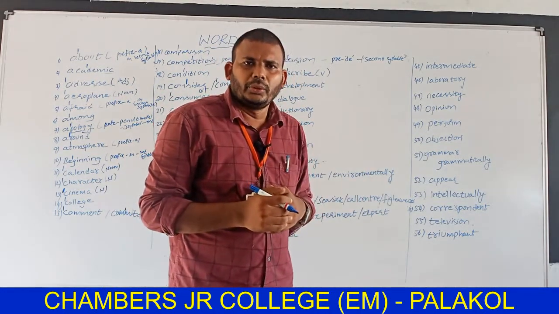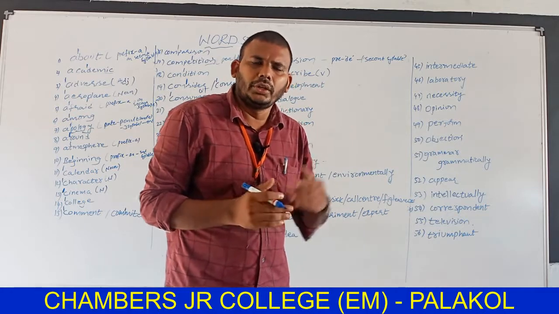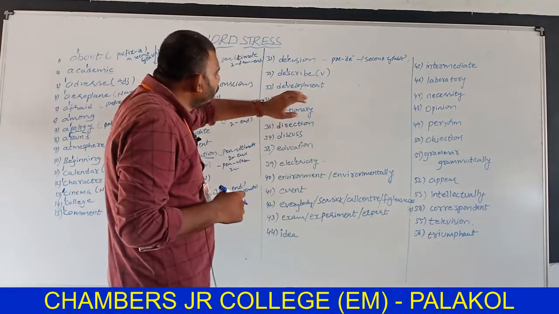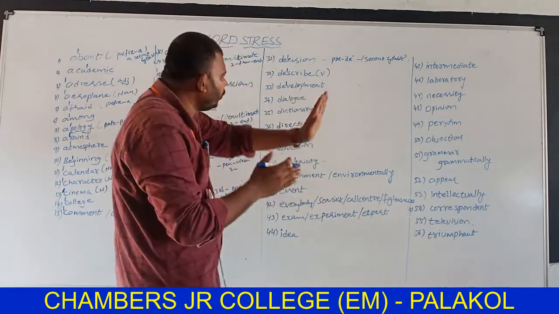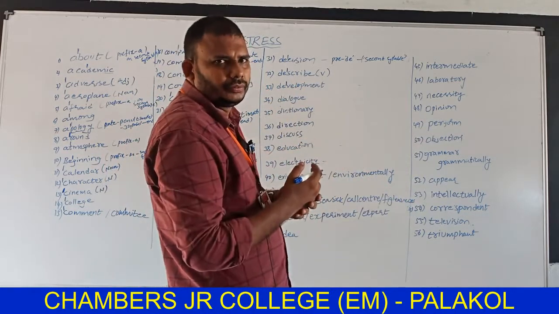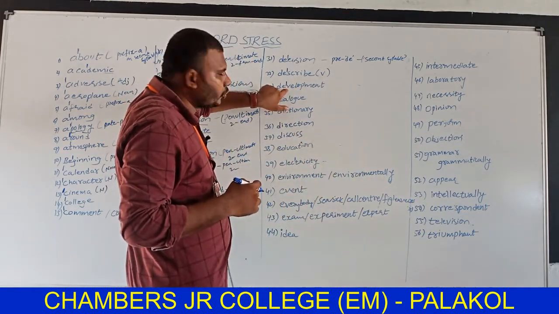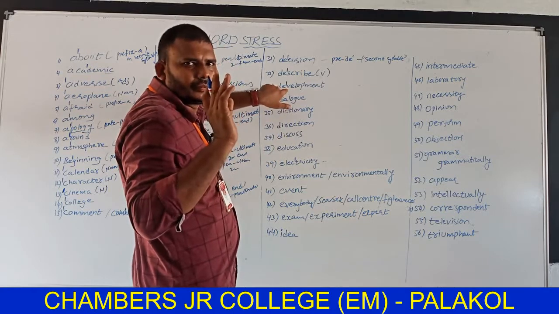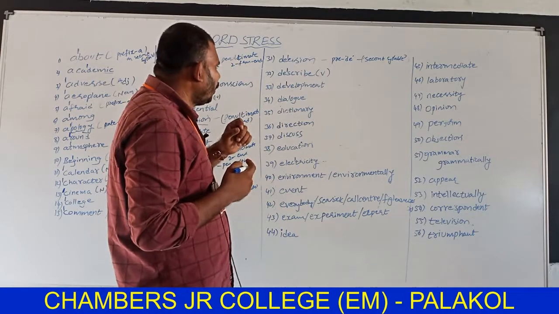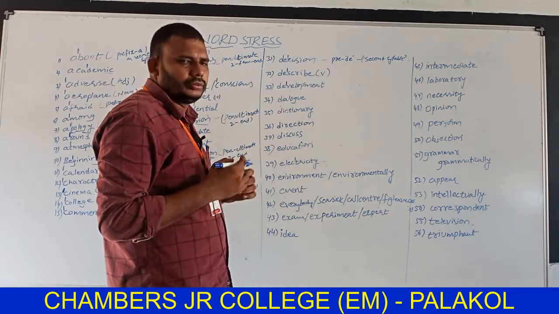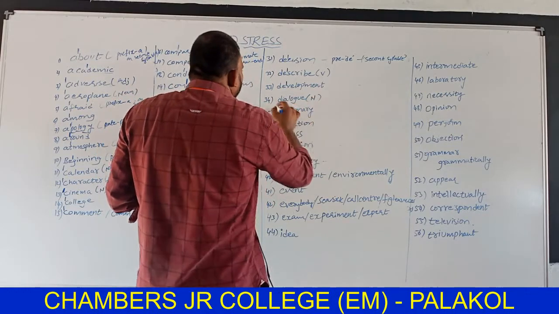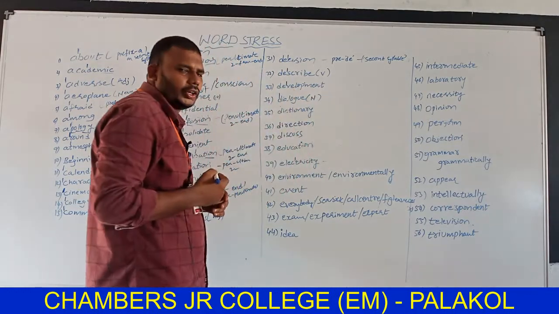When we put the stress on the root word, it doesn't change when a derivational suffix is added. Here MENT is a derivational suffix. Though it is added to the root word develop, the stress is not shifted. So we should put stress on V. Remember, it's a very important one. And let's see the next word, dialogue. Simply it is a noun, so we can put stress on D. Dialogue.